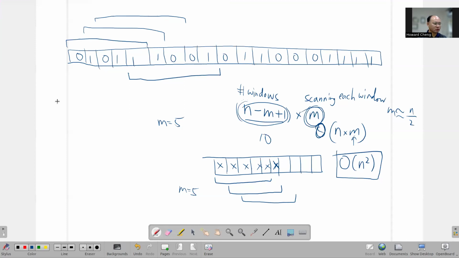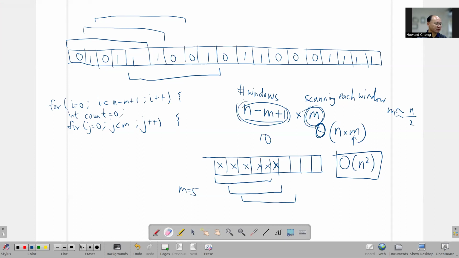So what do we loop through? For i equal to 0, i less than n minus m plus 1, i plus plus, that's a starting spot. And then maybe you have something like for j equal to 0, j less than m, j plus plus, and maybe you have something like count. Okay, hang on.